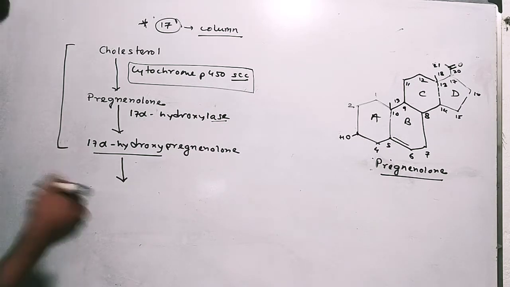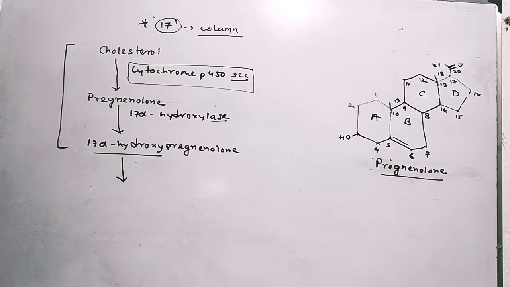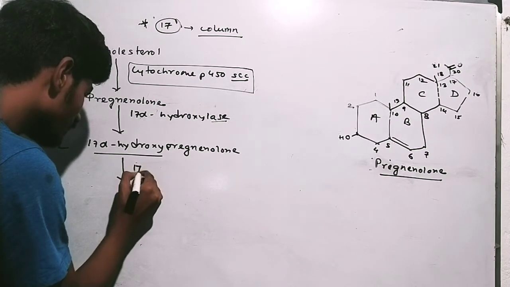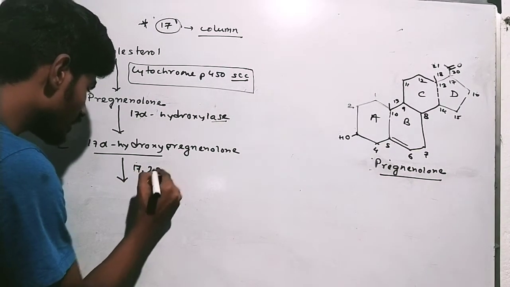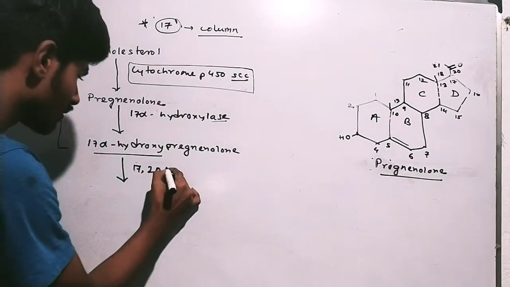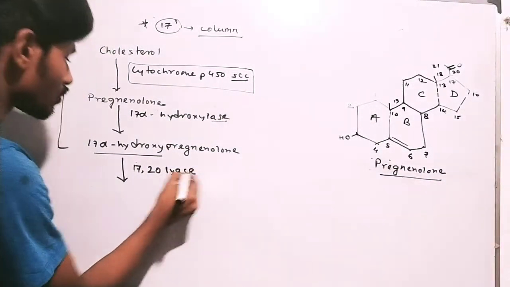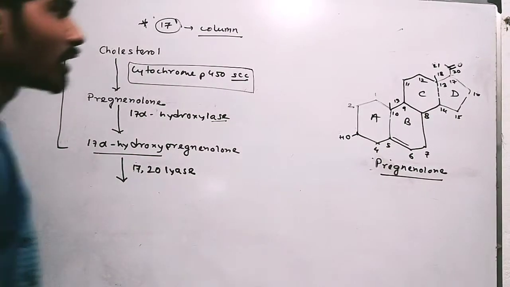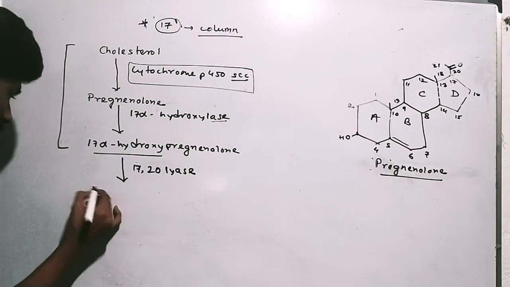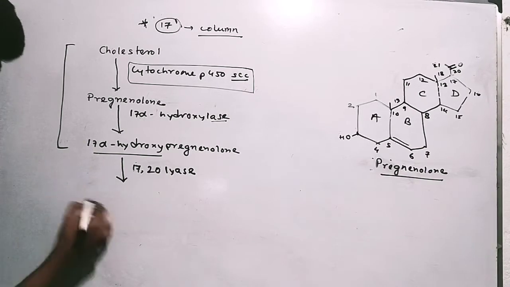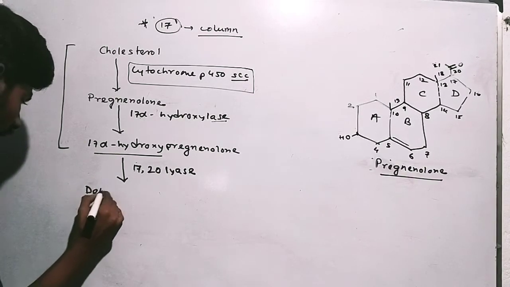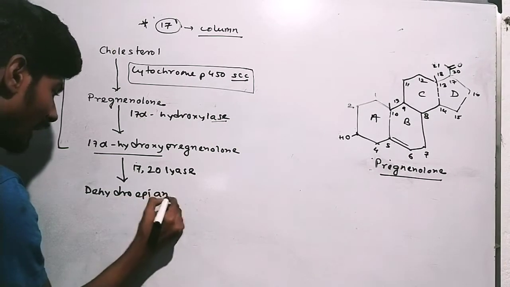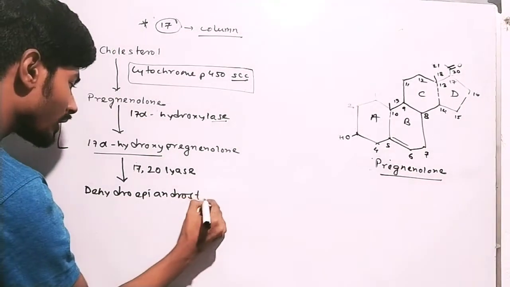Now after this, 17 alpha hydroxypregnenolone undergoes a 17,20 cleavage by the enzyme 17,20 lyase. Okay, and for this it is converted to dehydroepiandrosterone.